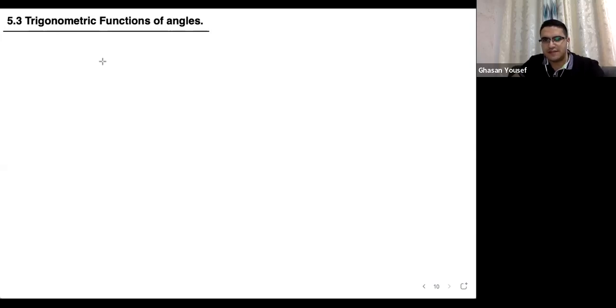and the terminal side is anywhere, doesn't matter. But the initial side must be on the positive x-axis, and the vertex must be the origin, the 0, 0 point. I'm going to graph some angles. These angles will help you a lot during this section.